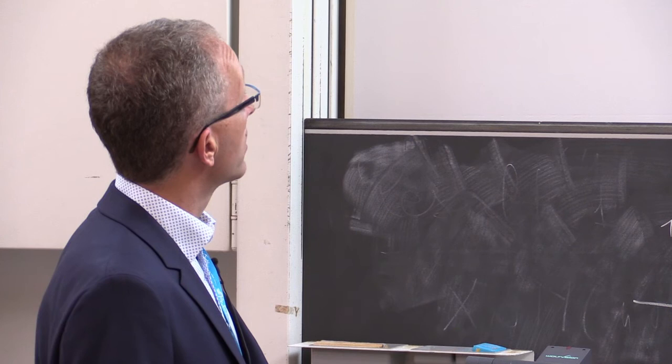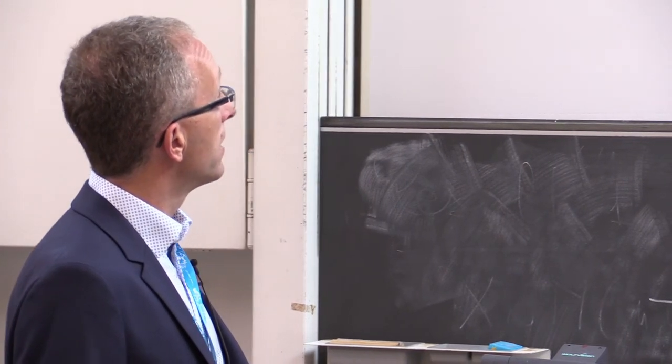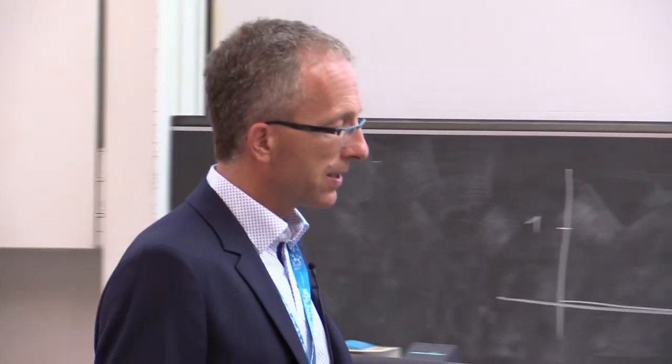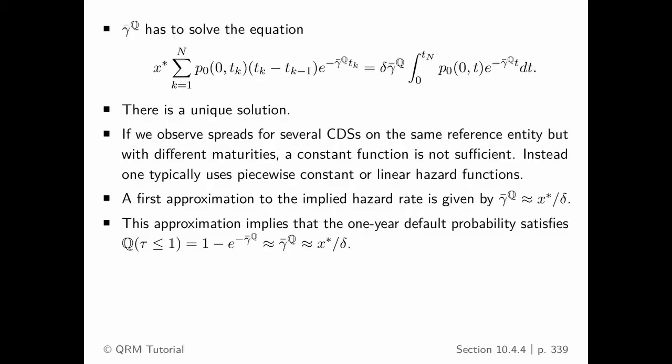And so we would have to find a constant gamma Q bar, the risk-neutral default intensity, such that if you use this gamma Q bar, the spread that comes out of our model equals the spread we see on the market. So gamma Q has to solve this equation here.